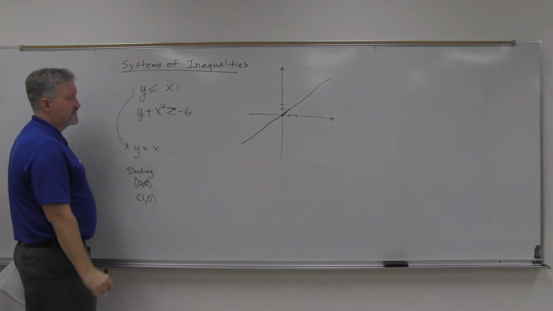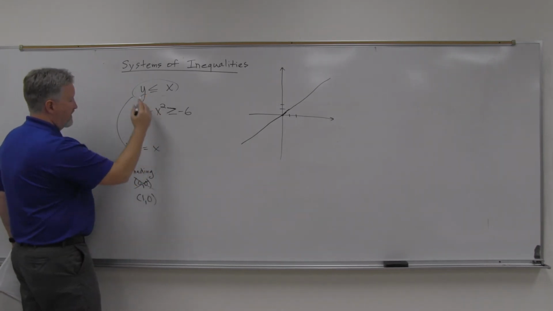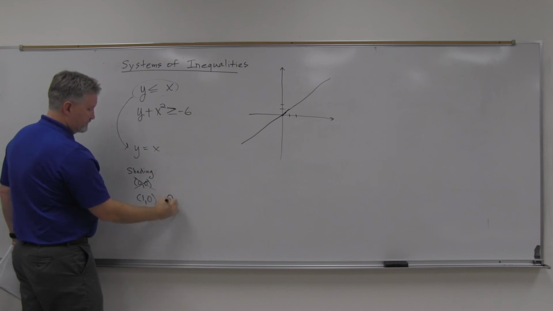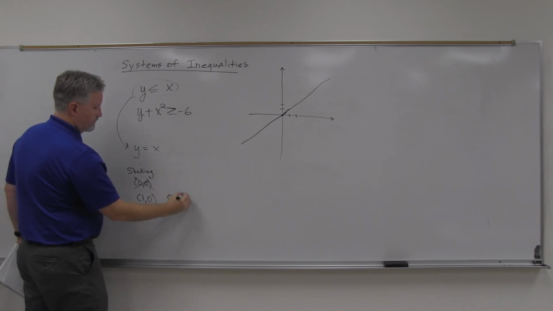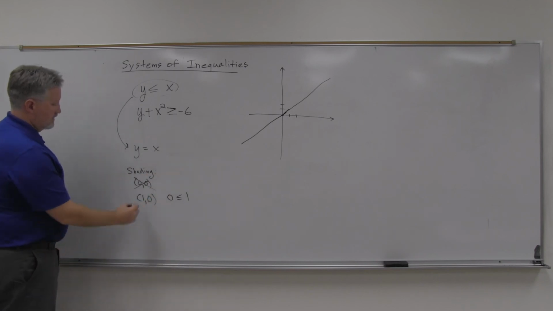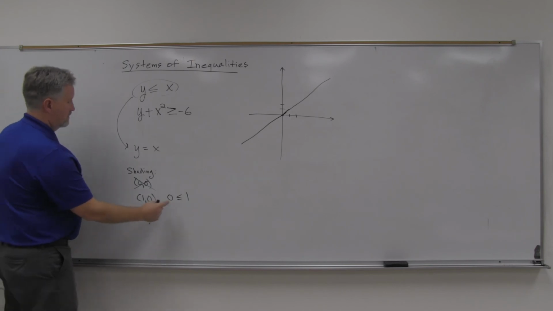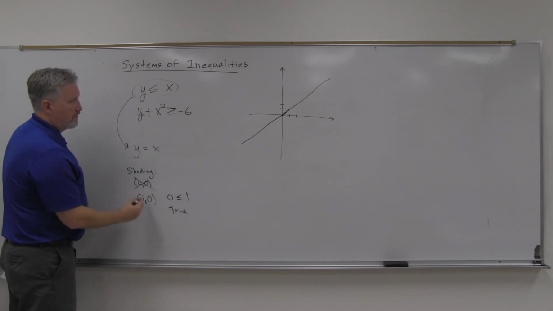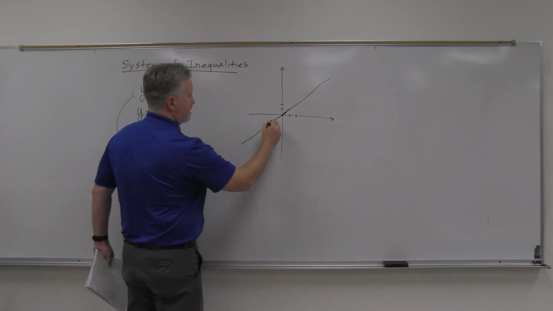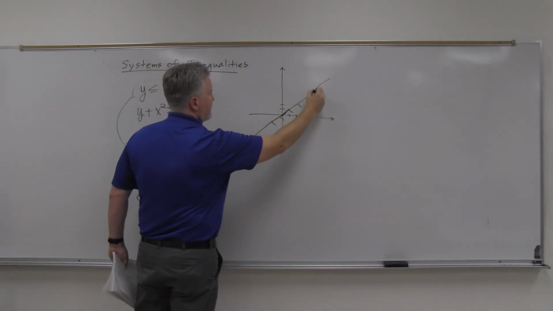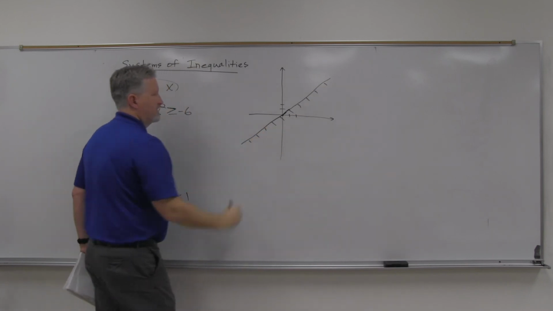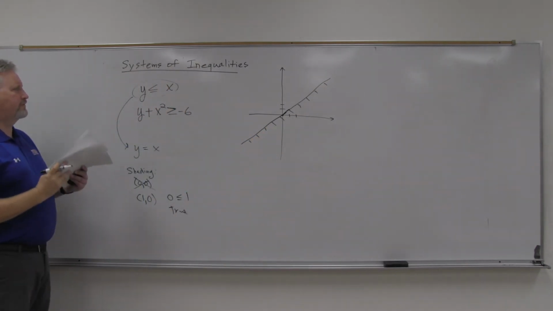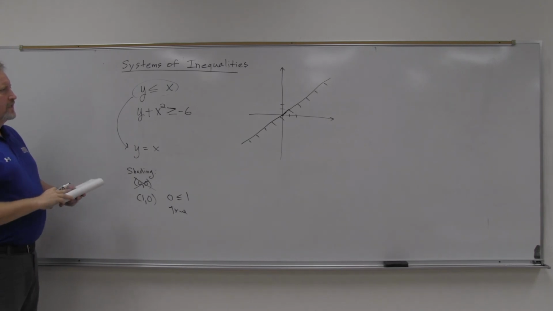That's not on the line, so we can check it. So 1, 0, x is 1, y is 0. Yeah, that's true. It's true, isn't it? So 1, 0 would work, so that's here below the line. So I'll just indicate below there. All right.